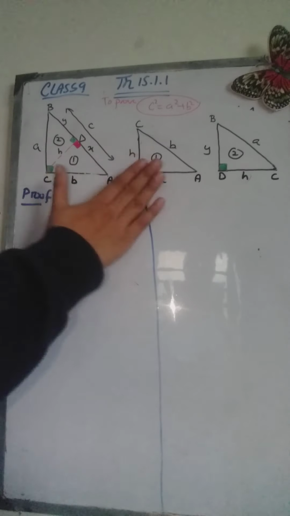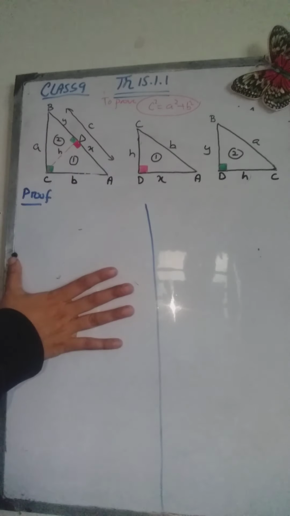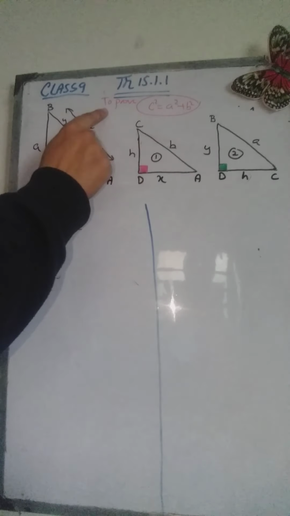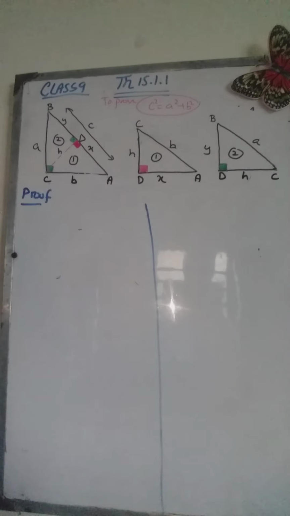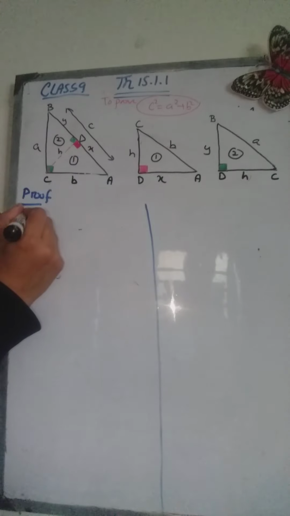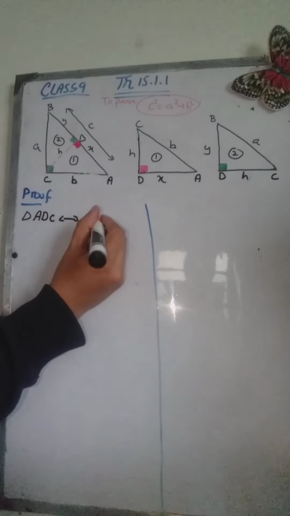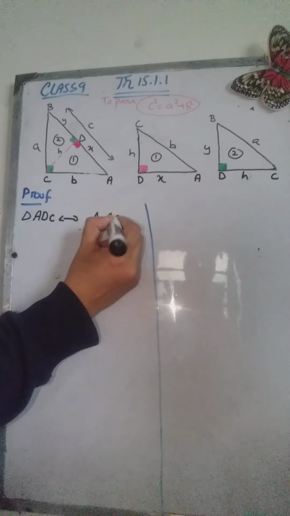After that we will get two equations with the help of which we will get the result we need to prove. So taking triangle ABC corresponds to triangle ACB.